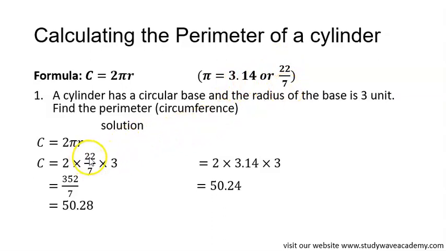Here we are using 22/7 times 3. So C equals 2 times 22/7 times 3. 7 cannot divide 2, 7 cannot divide 22 without a remainder, and 7 cannot divide 3, so we just multiply, okay? 2 times 22 times 3 is going to give you what? 132, right? Over 7.